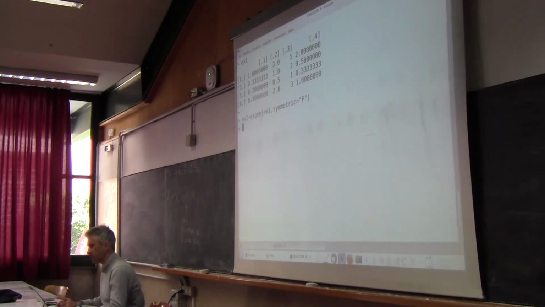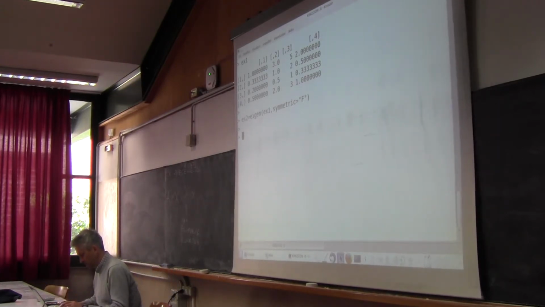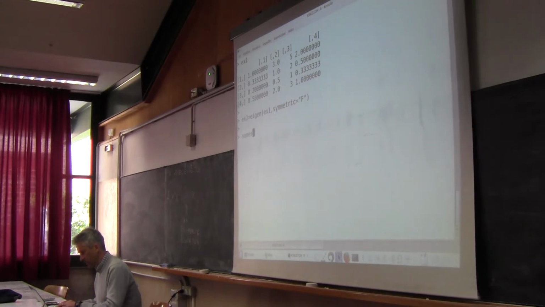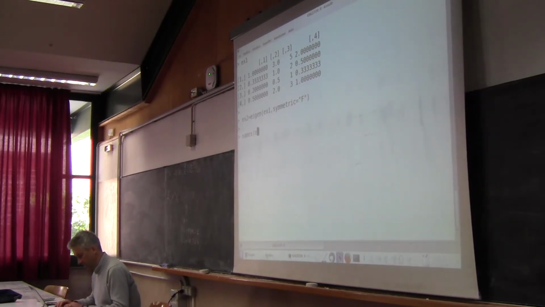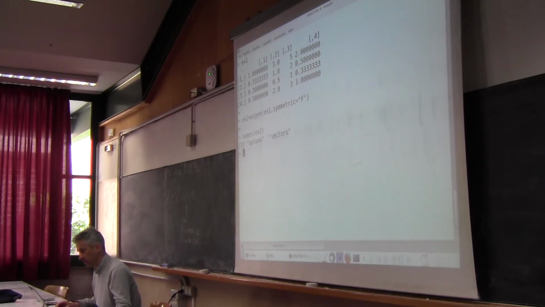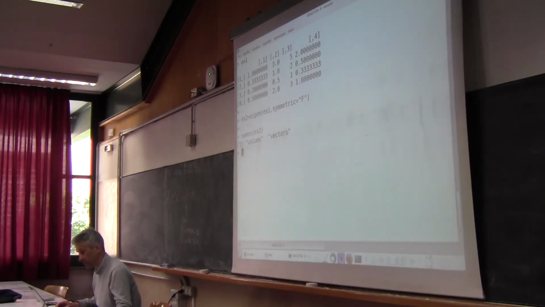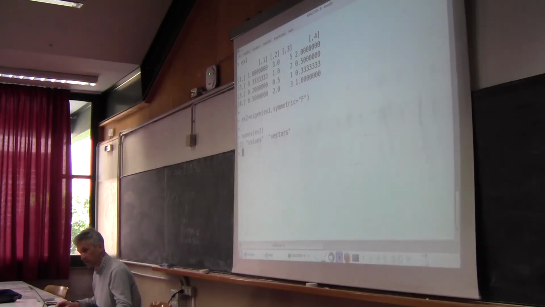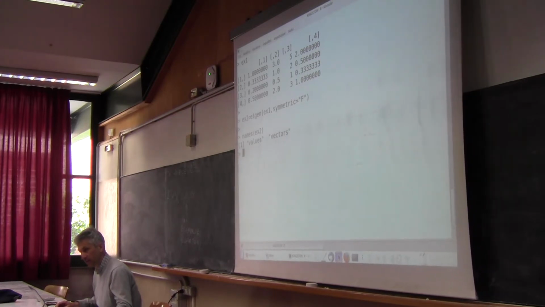Now, the result of this function eigen is a list, and we can visualize the structure of a list by asking R what are the names of the elements of the list. And we can see that the elements are the values, so the eigenvalues and the eigenvectors.